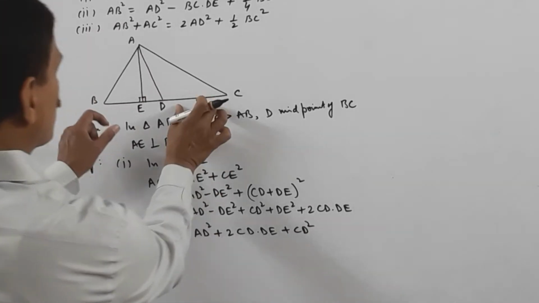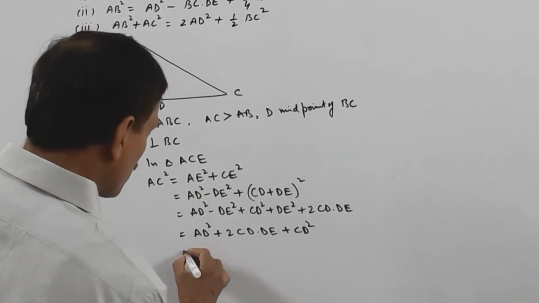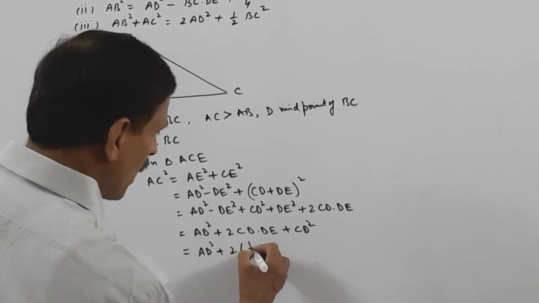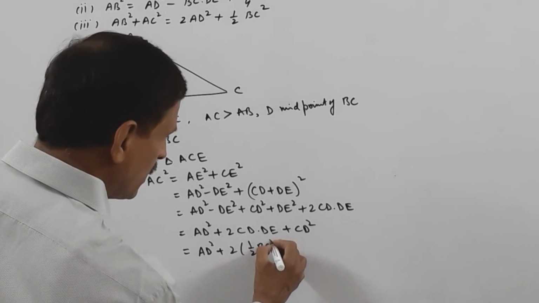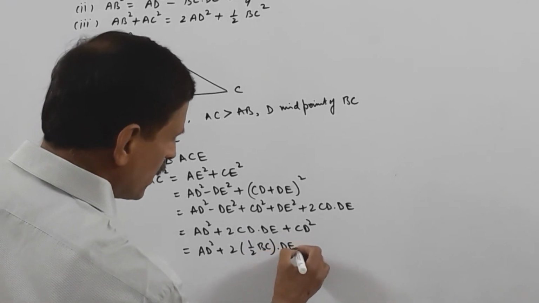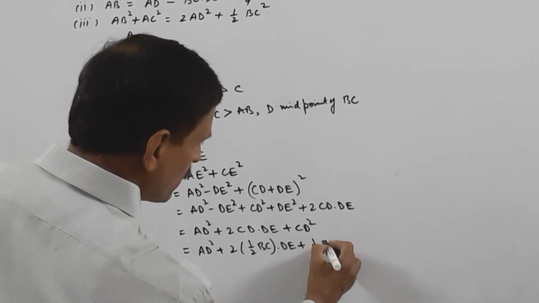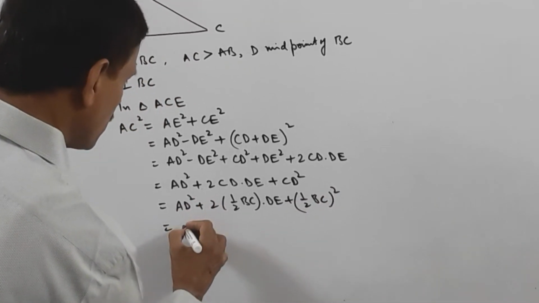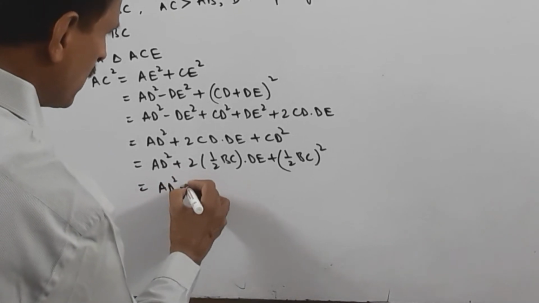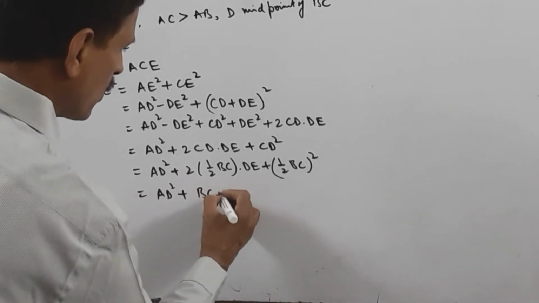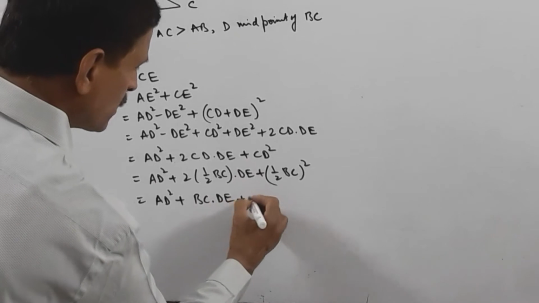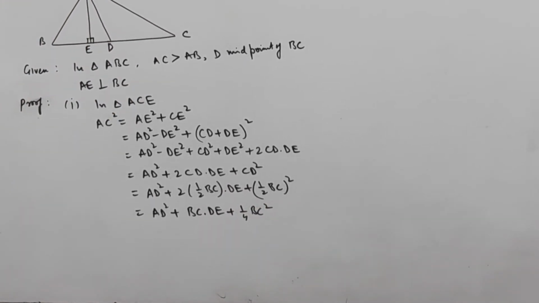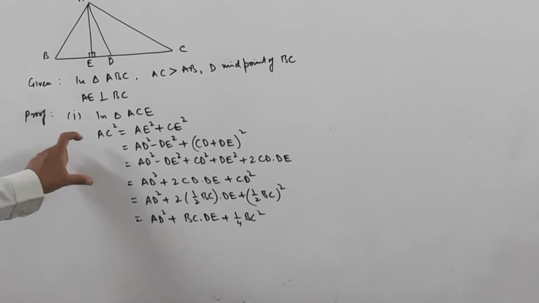Now CD is equal to half BC, so AD² plus 2 times half of BC·DE plus (half BC)², and that is AD² plus BC·DE plus 1/4 BC². The first part is proved.